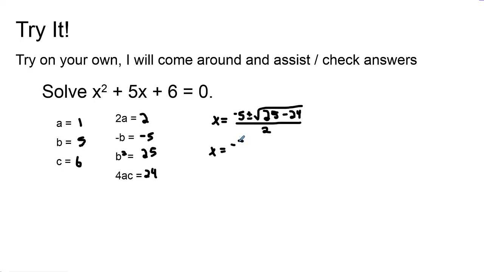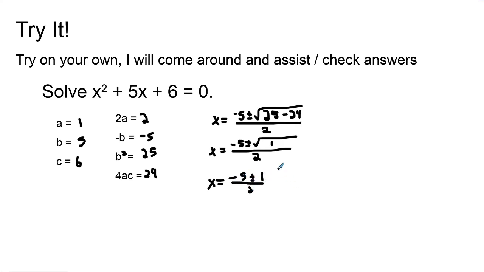Negative 5 plus or minus the square root of 25 minus 24, which is 1, over 2. The square root of 1 is 1, so we're just going to simplify it. I get x is equal to negative 5 plus or minus 1 over 2.